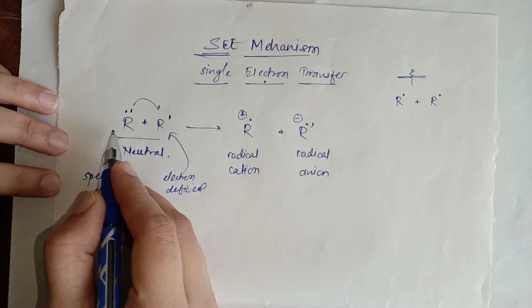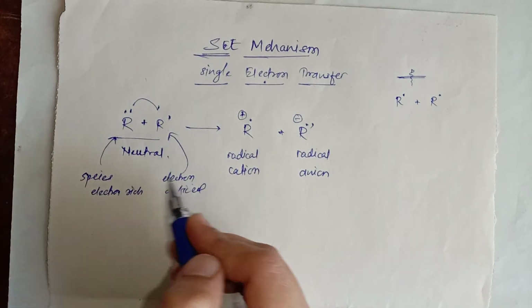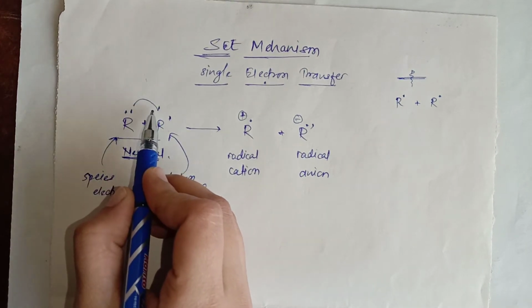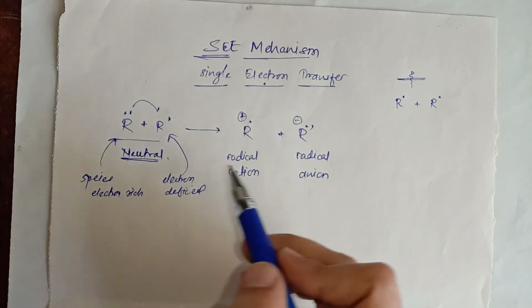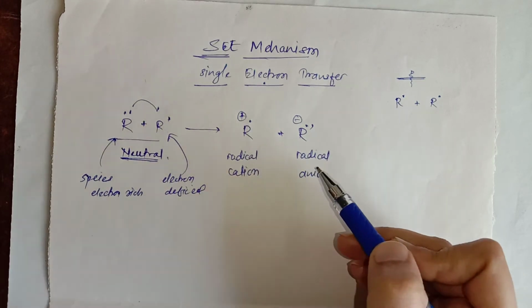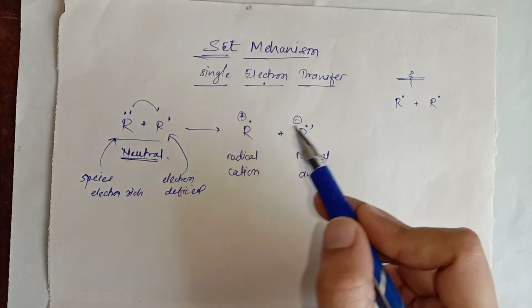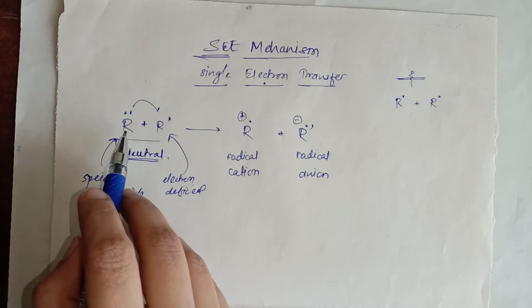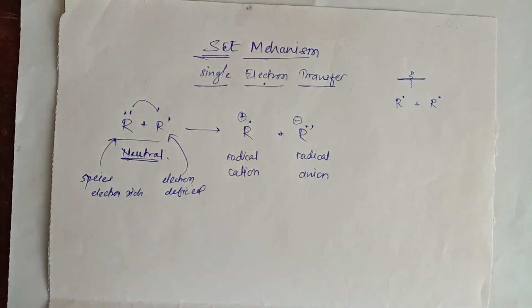One is electron rich, meaning it may contain a lone pair of electrons, and one is electron deficient, but both should be neutral species. After donating one electron to the other species, the electron rich species will act as a radical cation as it contains a positive charge, and the second one acts as a radical anion as it contains a negative charge, because it has taken one electron from this neutral species. So now we have this radical anion and radical cation.